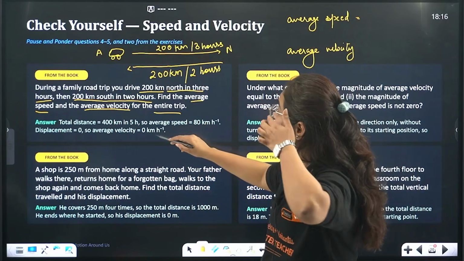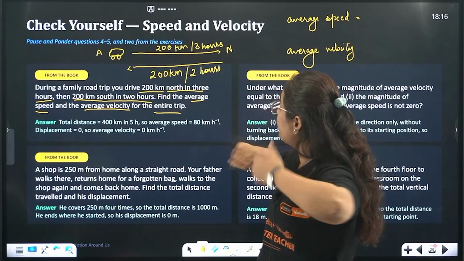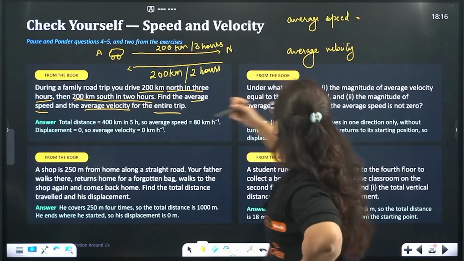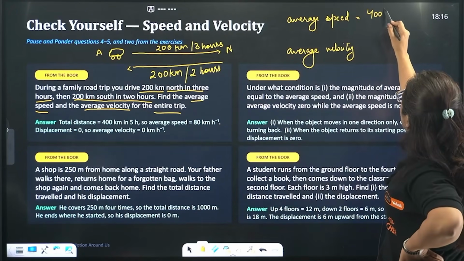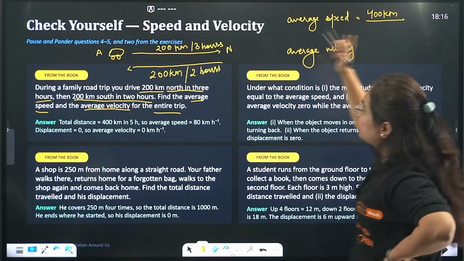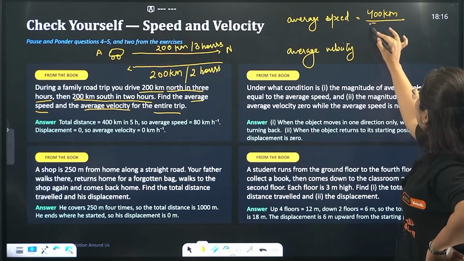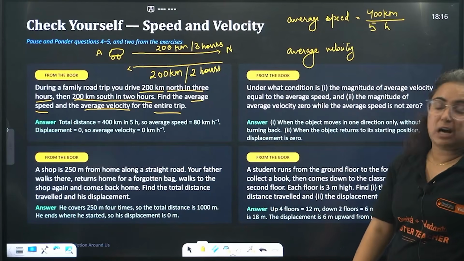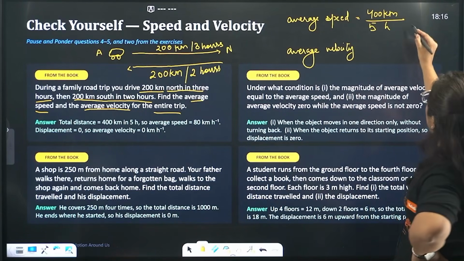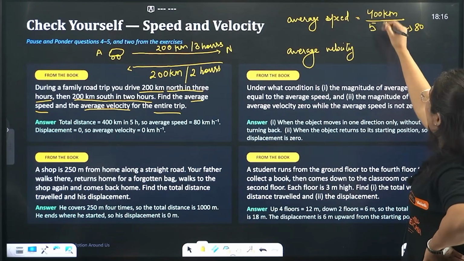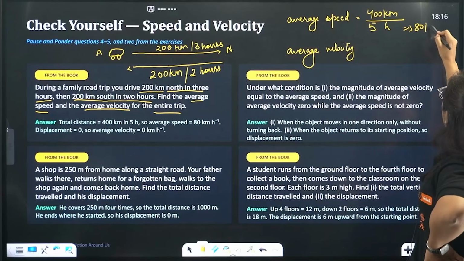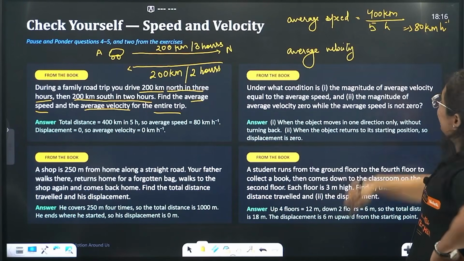The distance is 200 kilometers plus 200 kilometers, that is 400 kilometers, covered in 3 plus 2, that is 5 hours. So basically your speed will be 80 kilometer per hour.